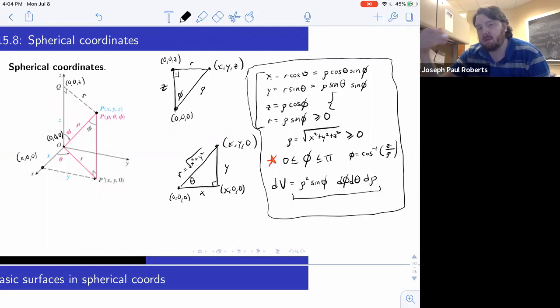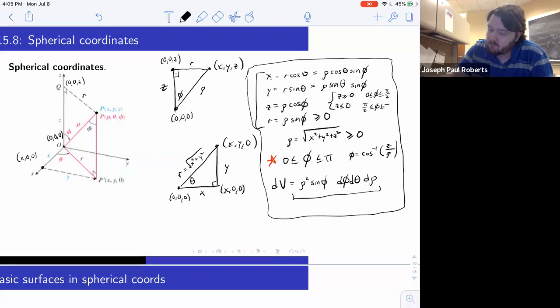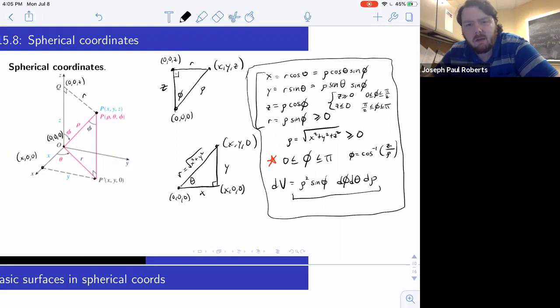And so if you think about the behavior of cosine, z positive corresponds to phi being acute, whereas z negative corresponds to phi being obtuse. So remember, behavior of cosine, when is it positive, when is it negative? So positive z values, you have acute phi, and negative z values, you have obtuse phi.